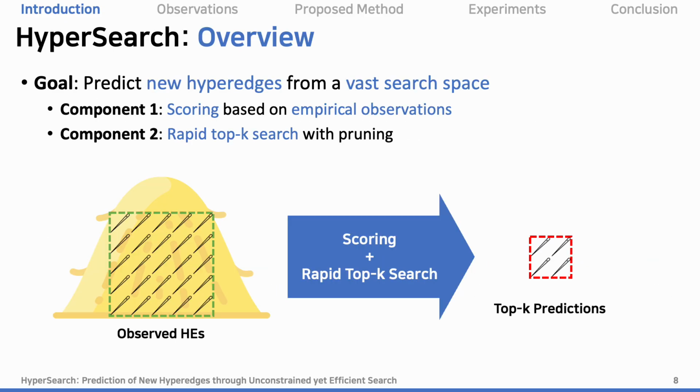Our goal is to predict new hyperedges from a vast search space. HyperSearch consists of two key components. First, we design a scoring function based on empirical observations, which helps efficiently rank promising hyperedges. Second, we use a rapid top-k search with pruning, which allows us to find the most promising candidates without exploring the entire space.